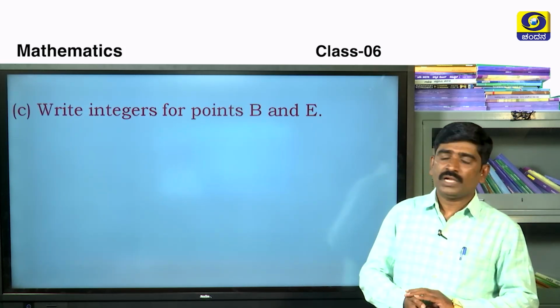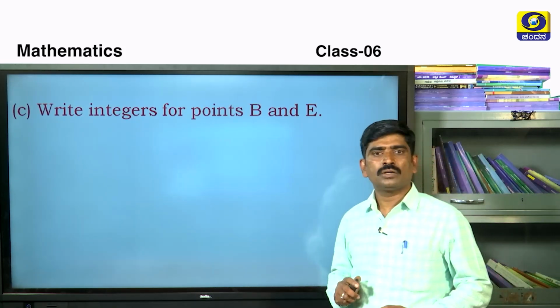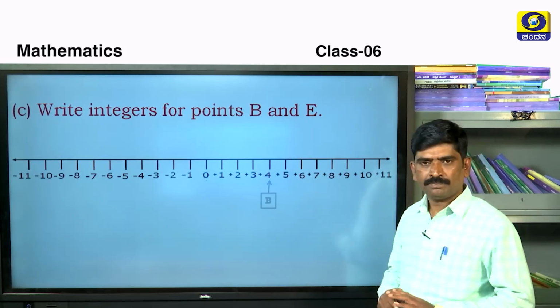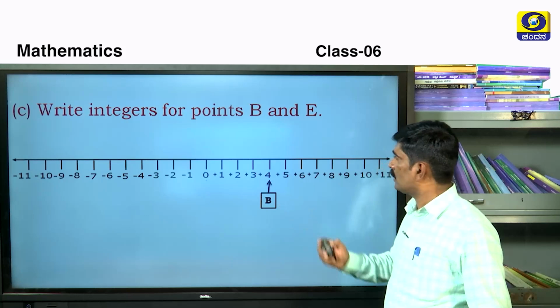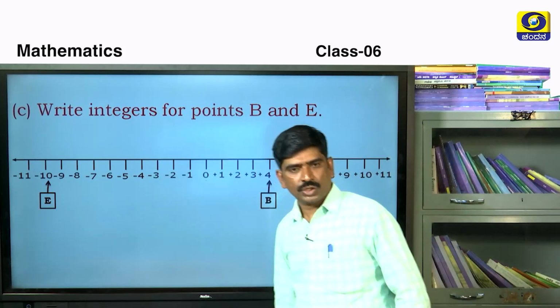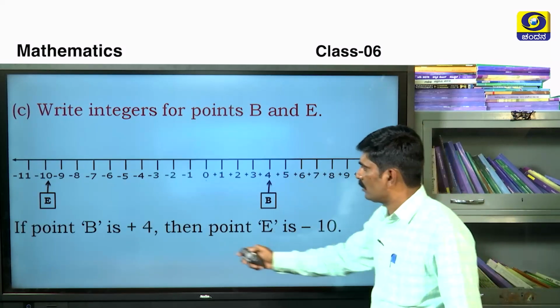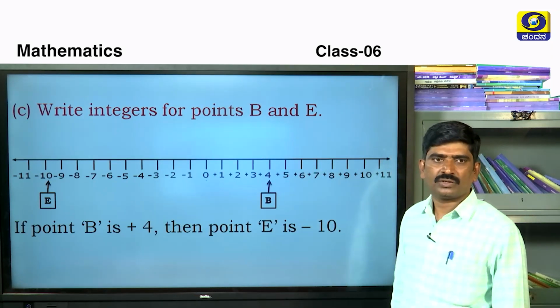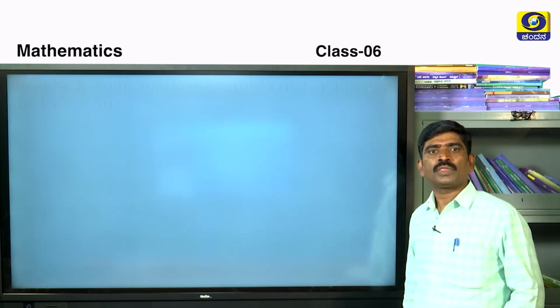Next question. Write integers for the points B and E. B is here, E is on the left side of 0, so B is plus 4 and E is minus 10. Very good.